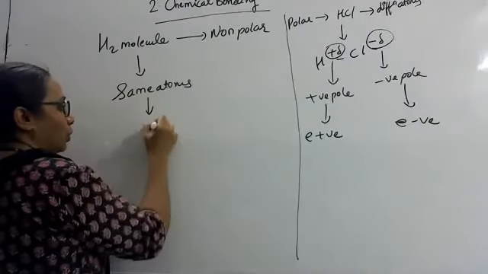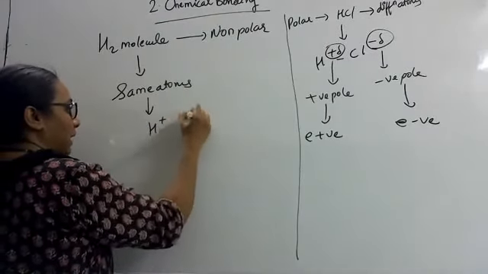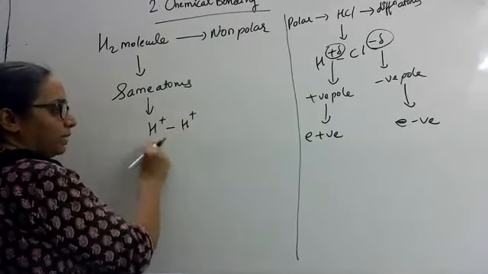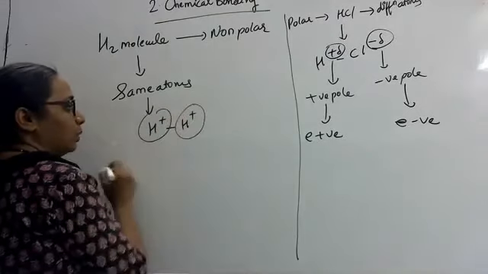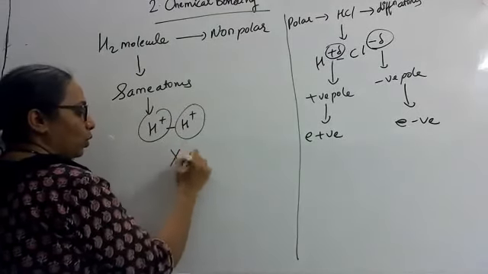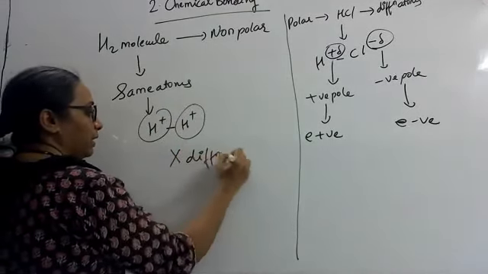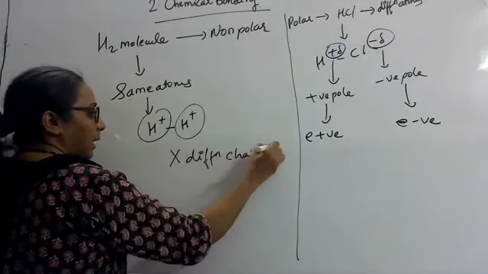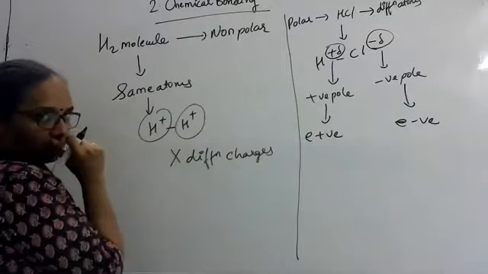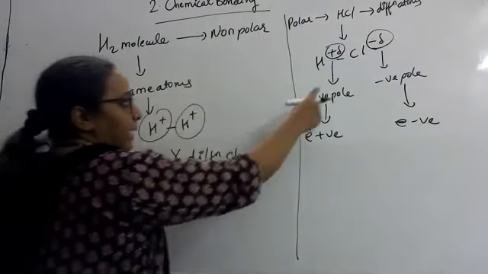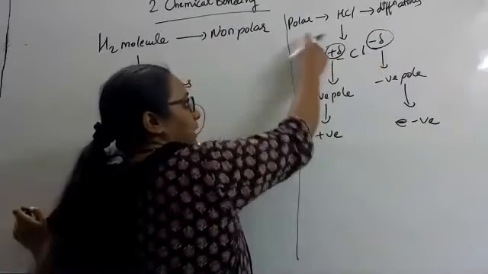Same atoms means the electronegativity of both will also be the same. Both will have H plus only. There are no different charges, not one positive and one negative, both are plus plus. Whereas here one is plus and one is minus, so it is polar.